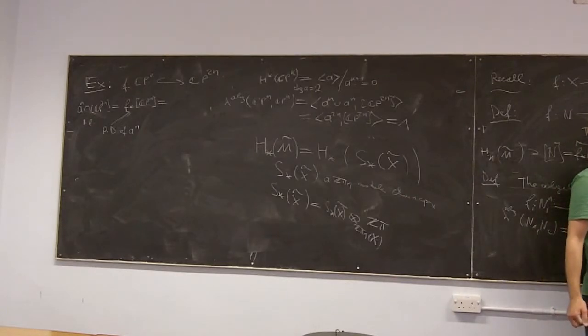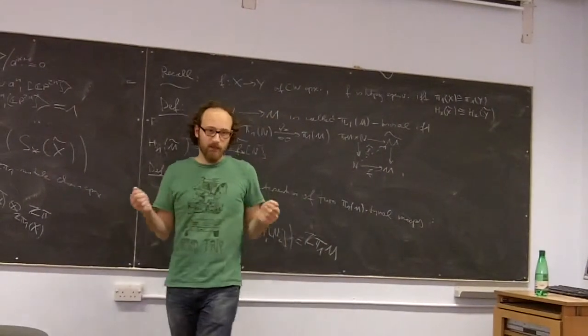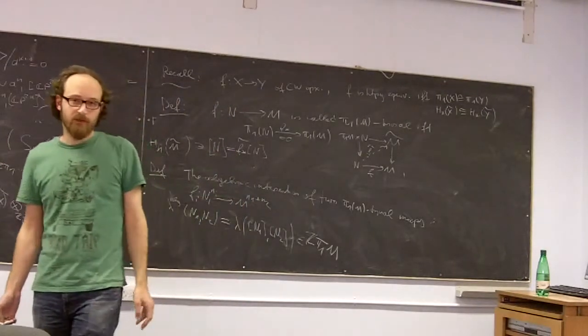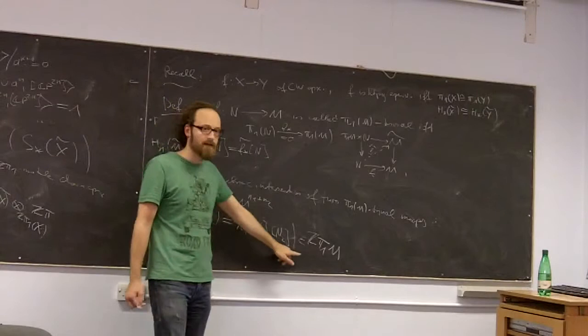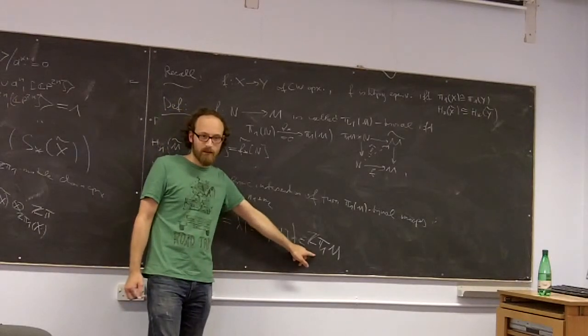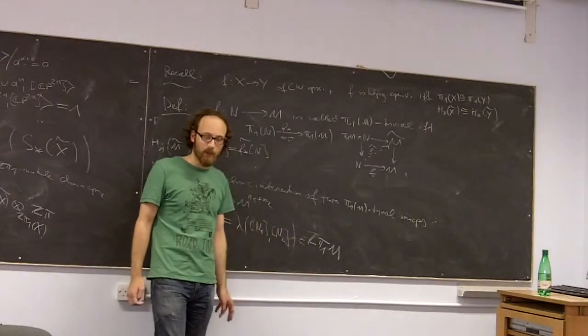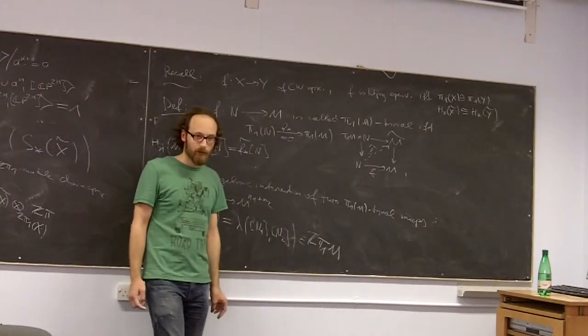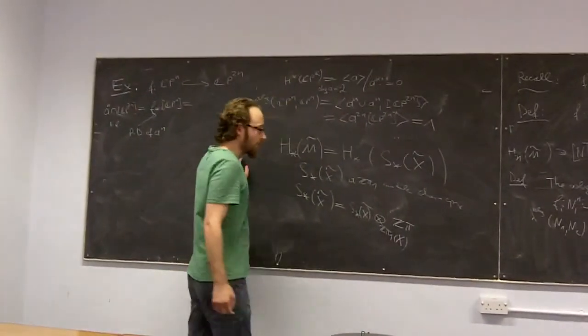This is the usual number, but now with bigger coefficients, and of course H naught, where this is evaluated, is just one copy of the coefficients. So it's one copy of Z pi 1. Okay.